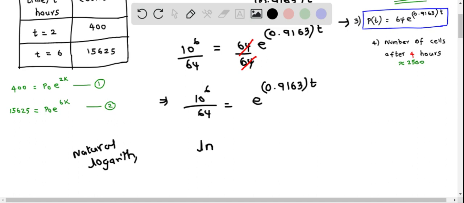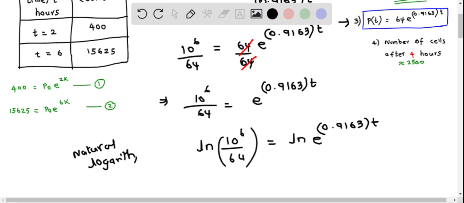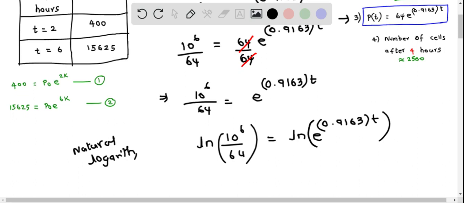This means we will have the natural logarithm of 10 raised to the power of 6 divided by 64, and this equals the natural logarithm of e raised to the power of 0.9163 times t.